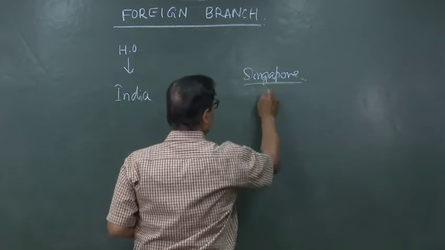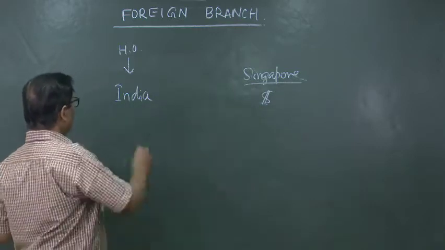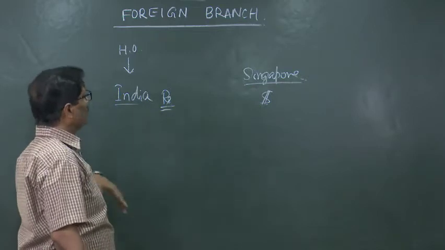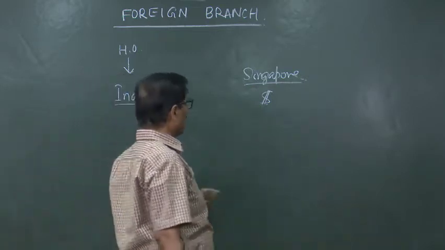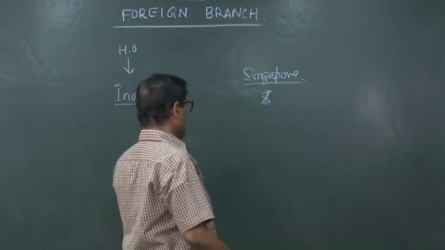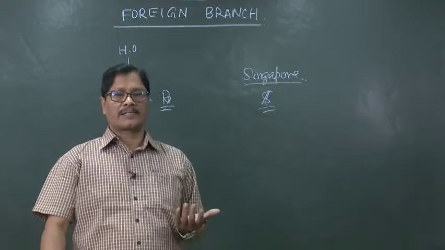There they have got dollars, Singapore dollars of course, and here in India we have got rupees. So, when they prepare their trial balance, the Singapore branch must have done it according to the dollars. Now, dollars have got an exchange value.